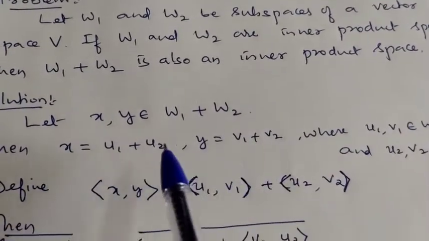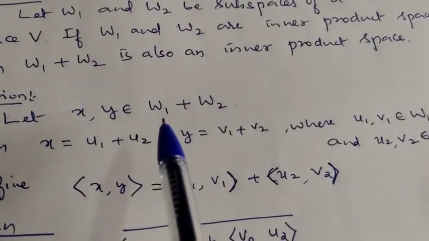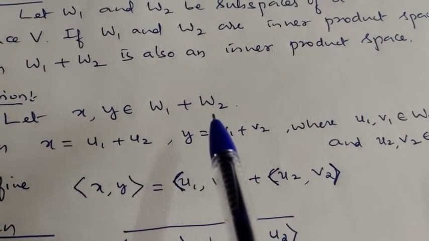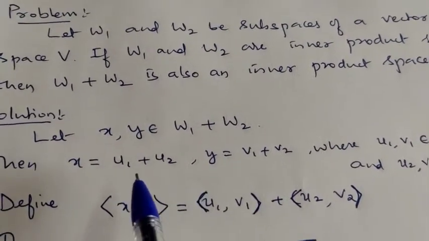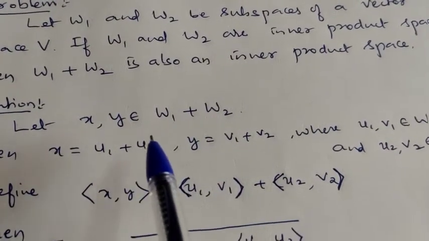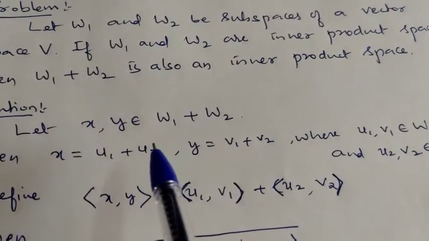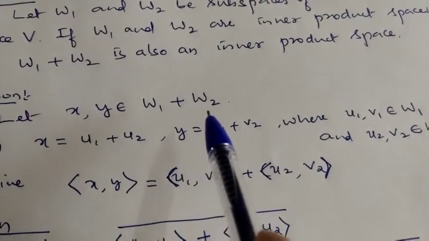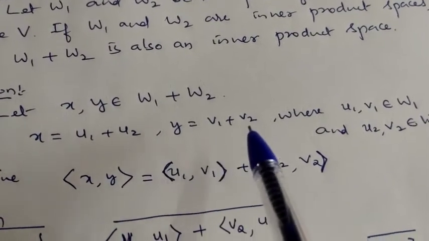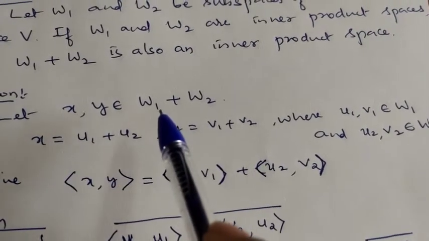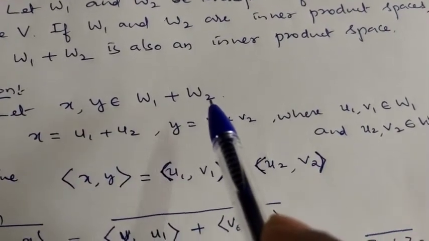For this, let x comma y belong to W1 plus W2. Then x is u1 plus u2, where u1 is an element of W1 and u2 is an element of W2. Again, y belongs to W1 plus W2 implies y is equal to v1 plus v2, where v1 is an element of W1 and v2 is an element of W2.